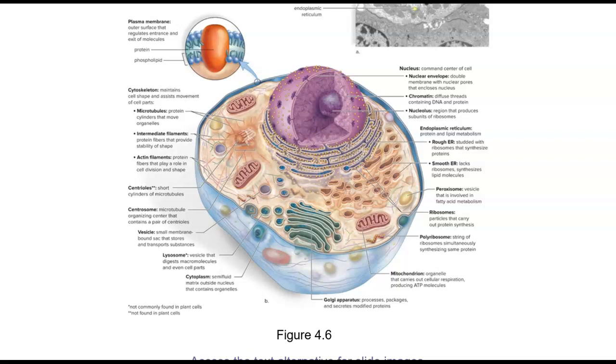And then the ribosomes, as you know, are the yellow dots you see everywhere. They're either attached to these membranes or they're free in the cytoplasm. But ribosomes synthesize proteins, all kinds of different proteins that the cell needs or that the cell produces for other areas of the body that need it.